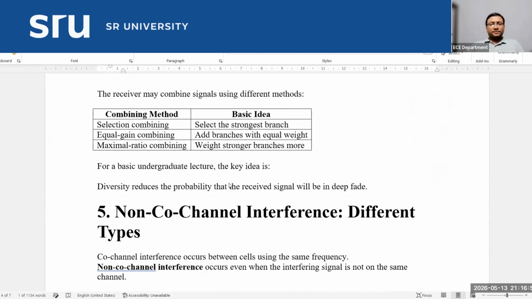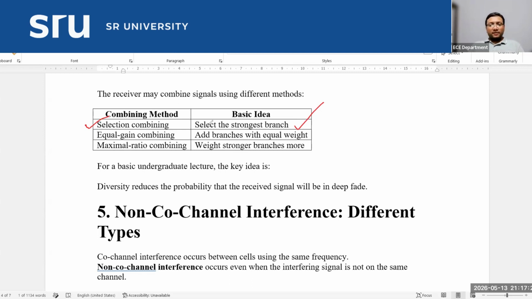Now the receiver can combine the signals using different methods based on the scenario requirement. So first is called selection combining. Selection combining means it will only select the branch from where the strongest signal is coming.